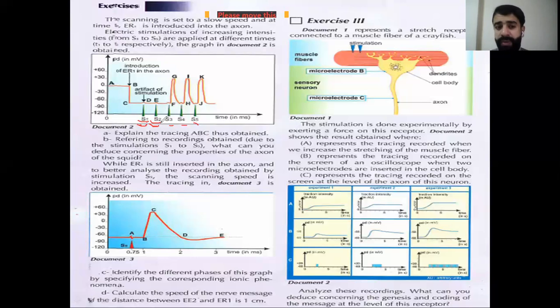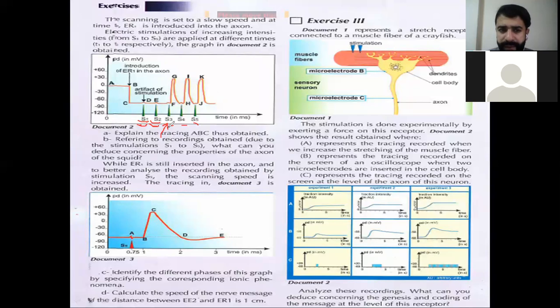However, after applying S3, what happened? Yes, Selena. An action potential was recorded for the first time, of about 100 millivolts, from minus 70 to about 30.